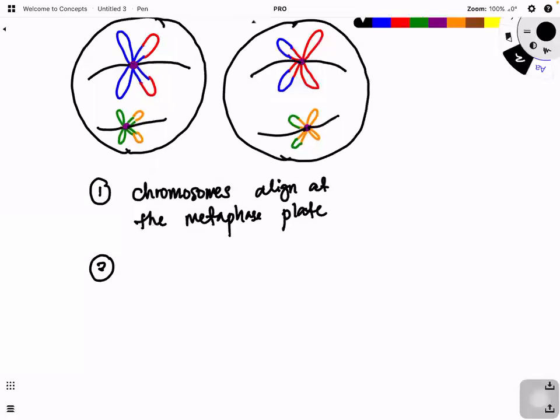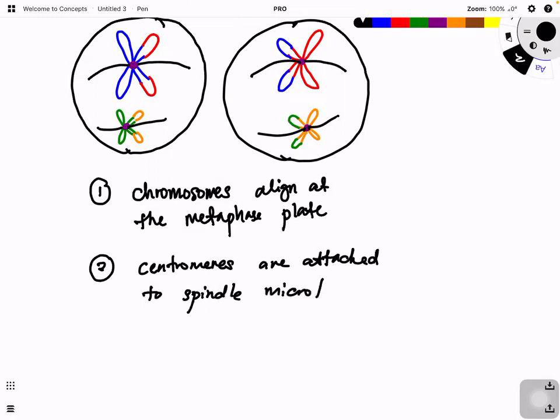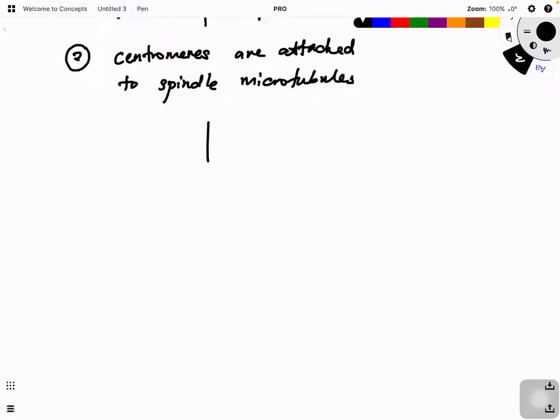Number 2, what actually happened here is the centromeres are attached to spindle microtubules. So what is the next thing that happens? The next thing after metaphase 2 is anaphase 2.